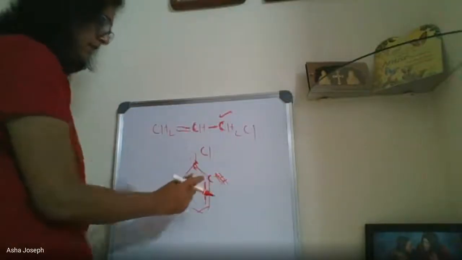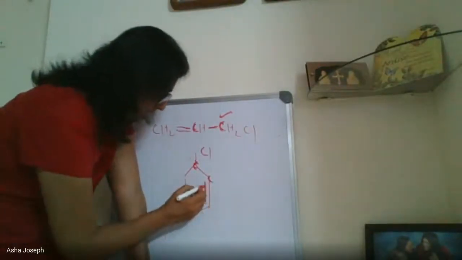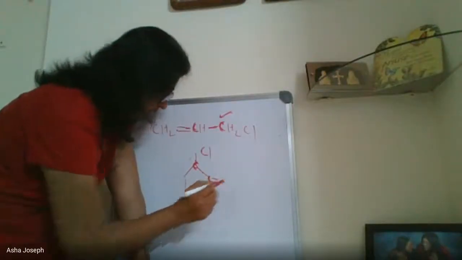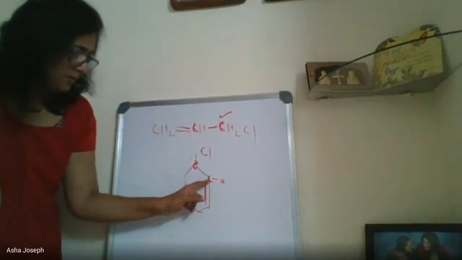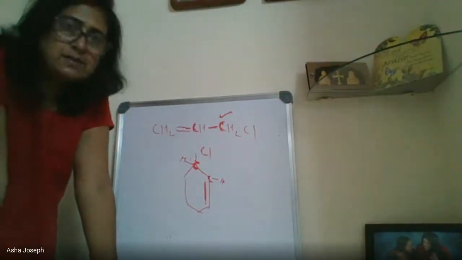Prashant, that carbon has one valency left, right? One valency left in the benzene ring. Here this carbon, the top one. One H is there, because it is not benzene.